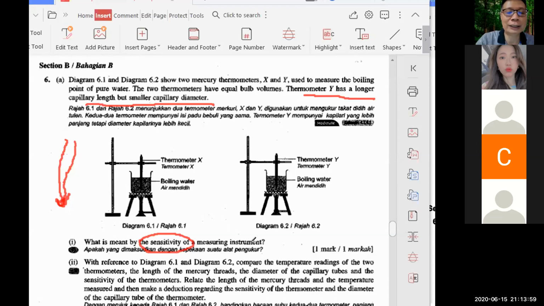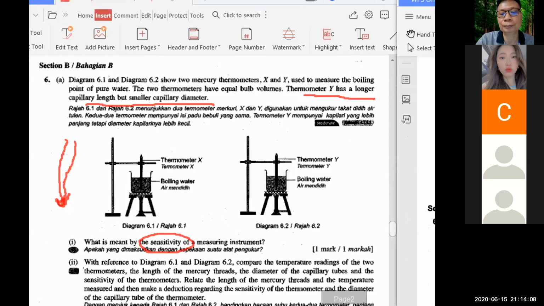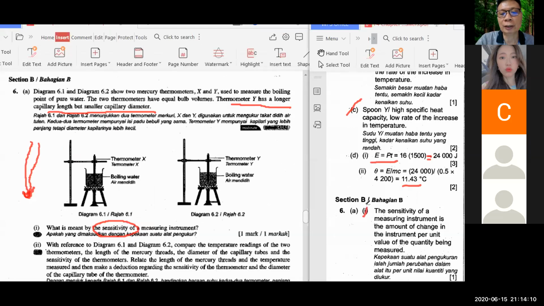That is called sensitive. Understand? Okay, take the answer now. I'll show you the answer. Sensitivity of the measuring instrument is the amount of change in the instrument per unit value of quantity being measured. Very confusing, the sentence.